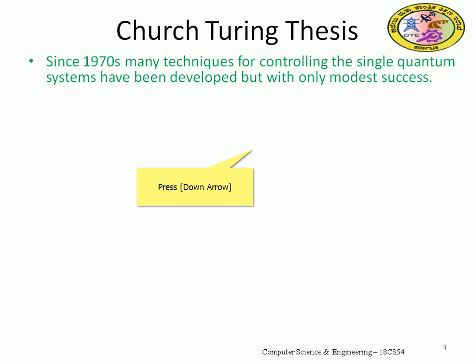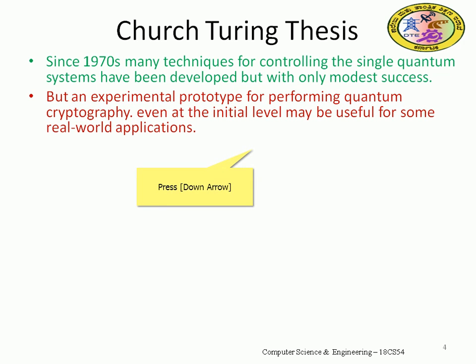The Church-Turing thesis was developed during the 1970s. Many techniques to control a single quantum system have evolved, but with modest, average success. But an experimental prototype for performing quantum cryptography, even at the initial level, may be useful for some real world applications.